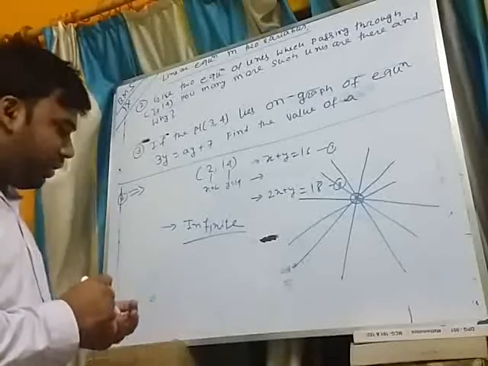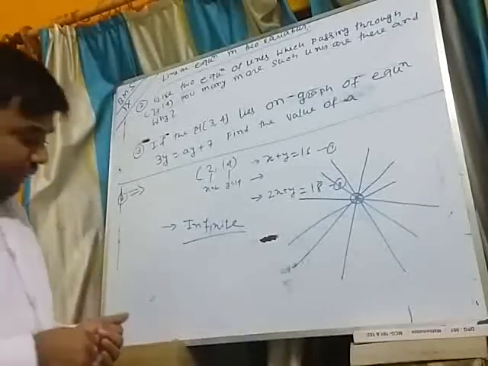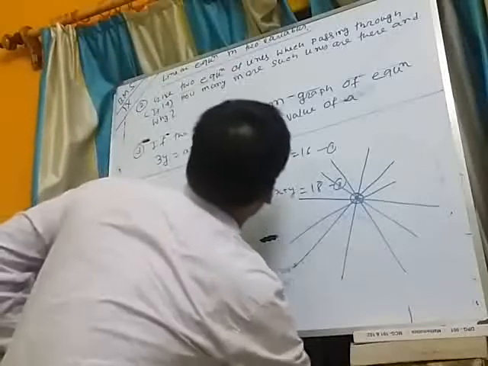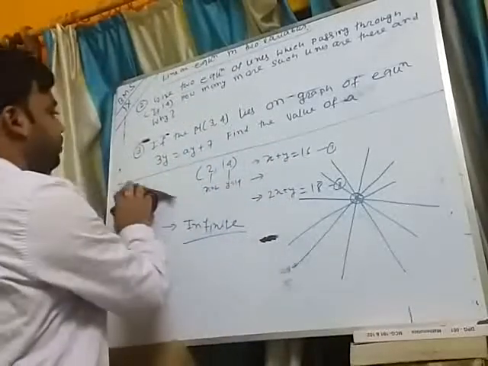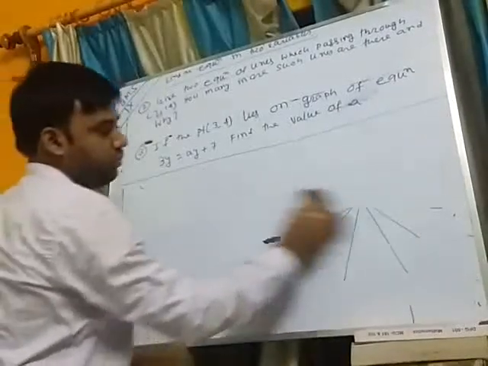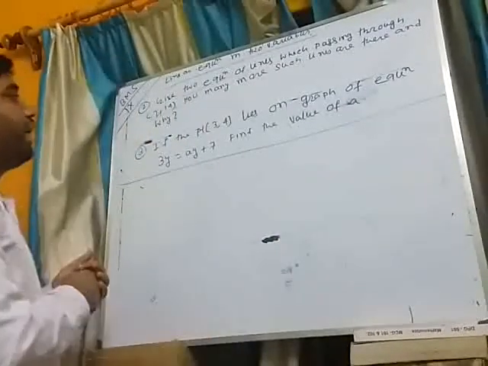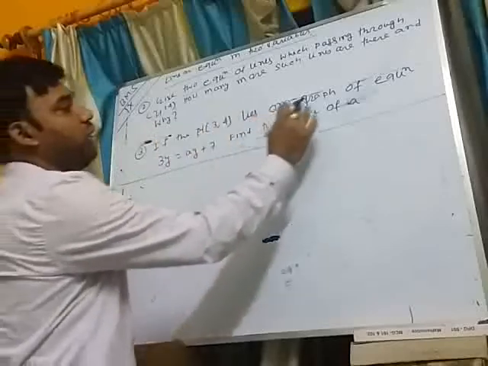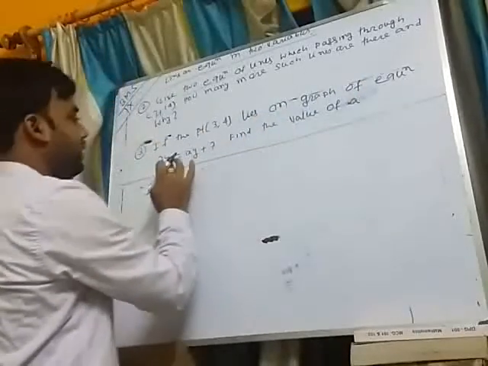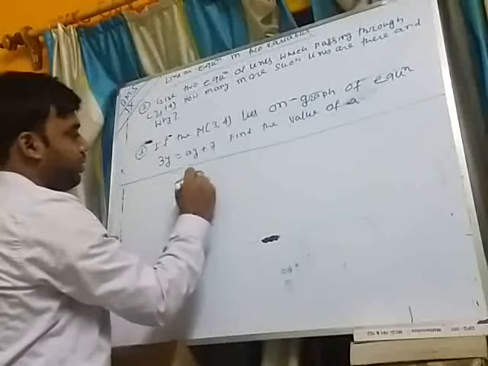Now the next question: if the point (3, 4) lies on the graph of the equation 3y equal to ax plus 7.